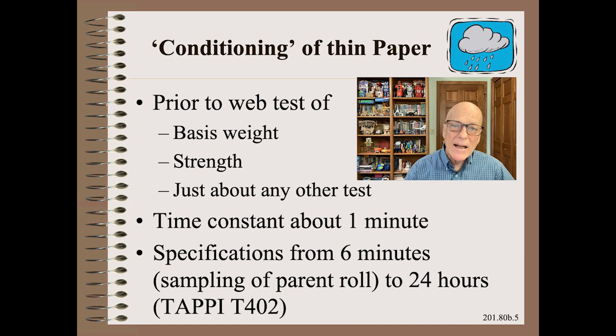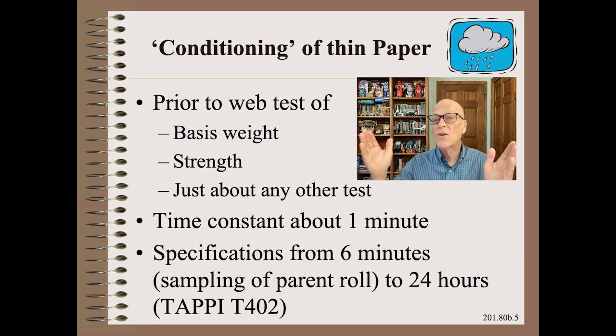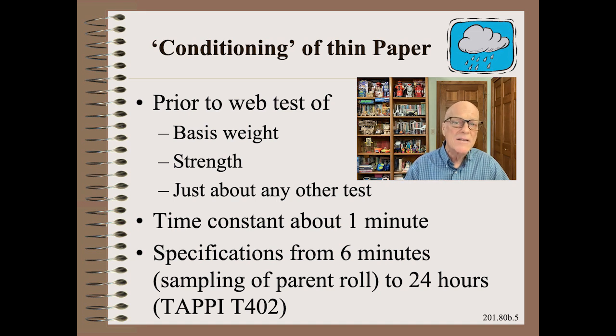The time constant for thin paper exposed on both sides in still air is something like 1 minute. I have seen preconditioning time specified from everything from 6 minutes to 24 hours. That's quite a range. We will show you how to get time constants for a specific application shortly, so stay tuned.